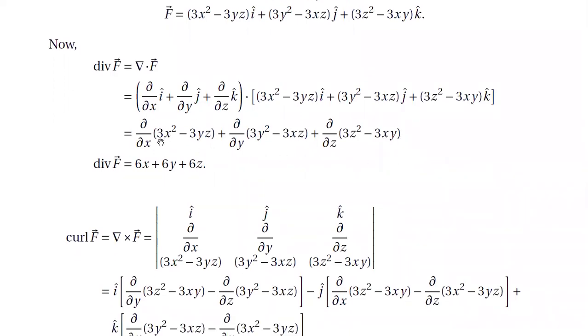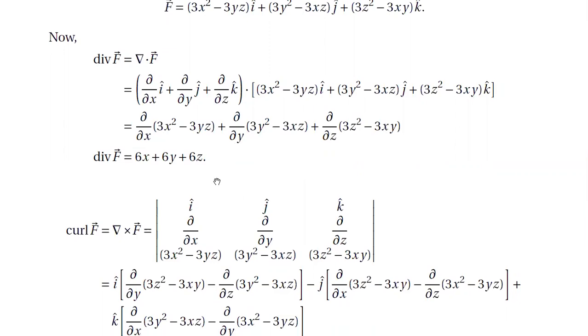If you differentiate the first term with respect to x, you get 6x. If you differentiate the next term with respect to y, you get 6y. The last term, if you differentiate, you get 6z. So divergence of vector f is equal to 6x plus 6y plus 6z.